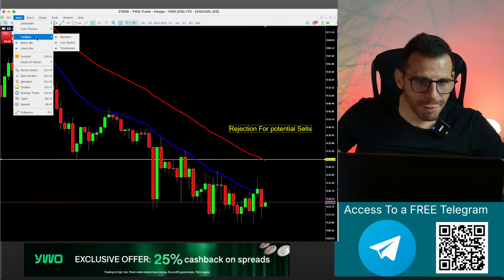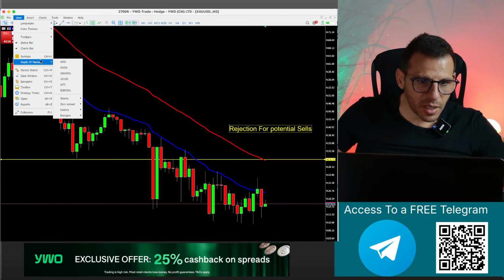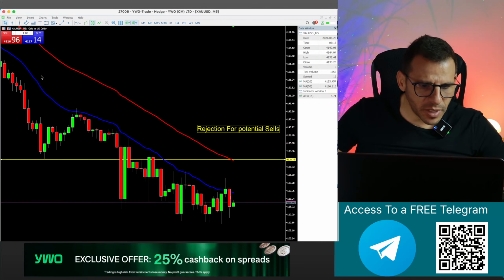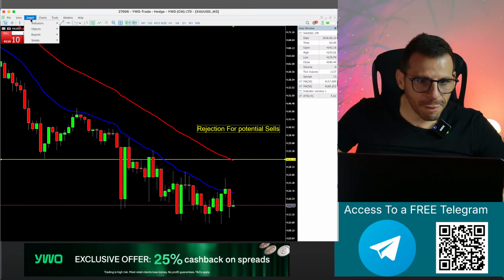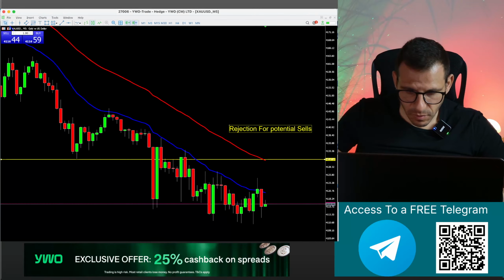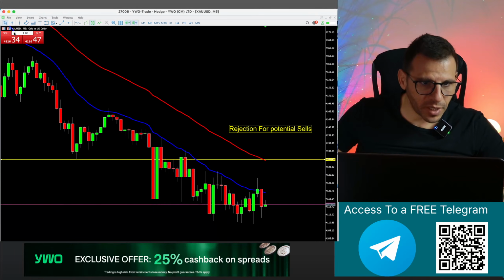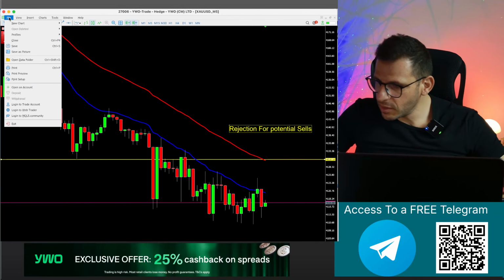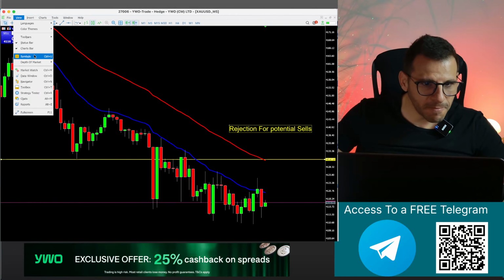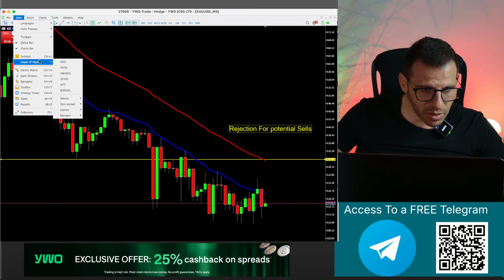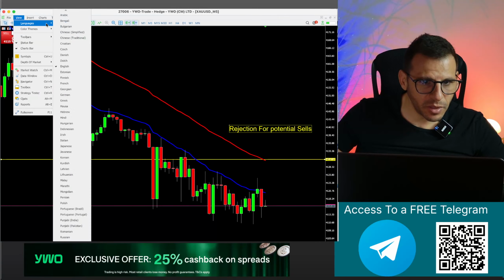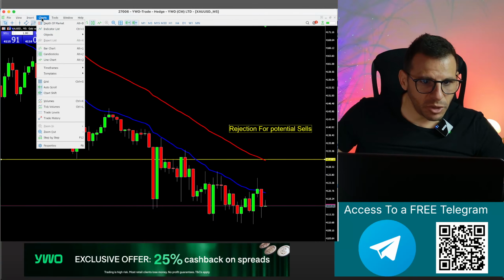Where is the trade? Where is the box? Where is the box now? Is this the data window? No, it's not the data window. Where do I find the box, guys? Can you help me with that? Where do I find the box on MetaTrader? I lost it from the screen. Toolbar, toolbox, standard, insert, chart.